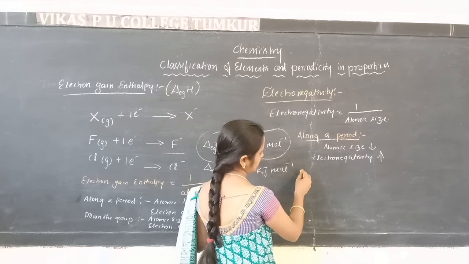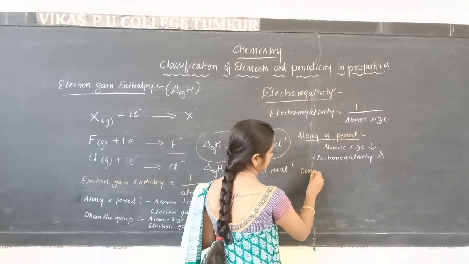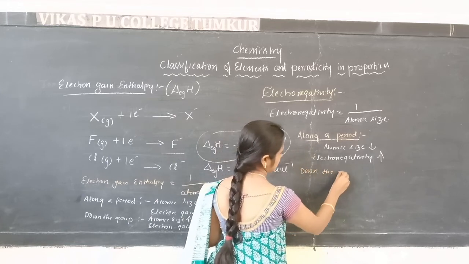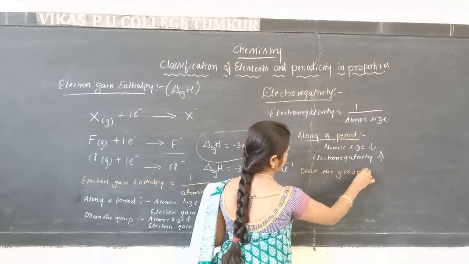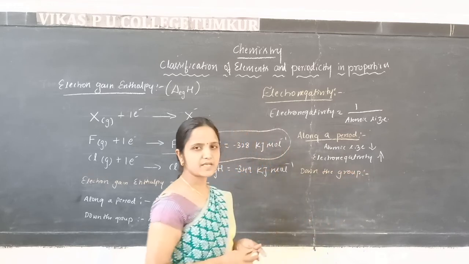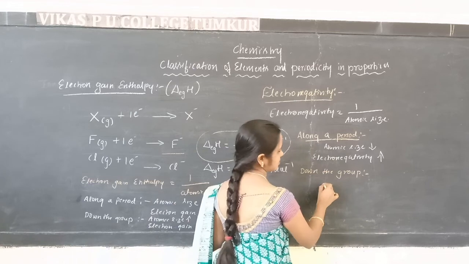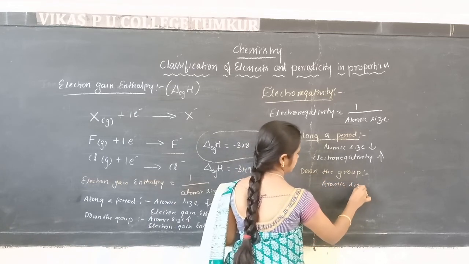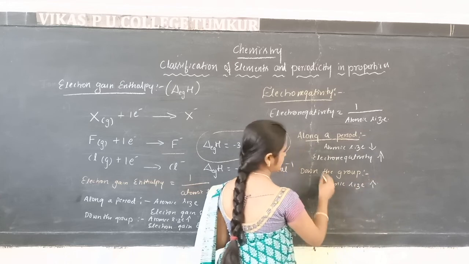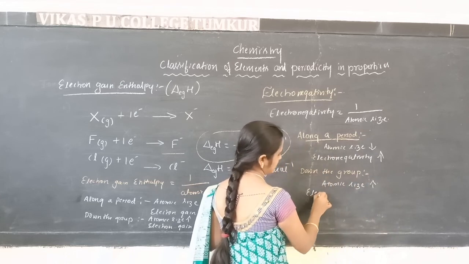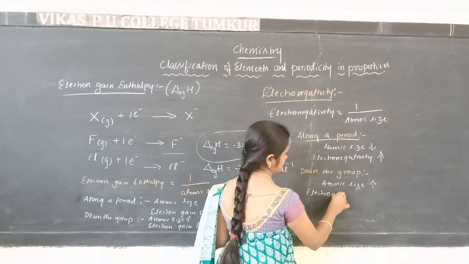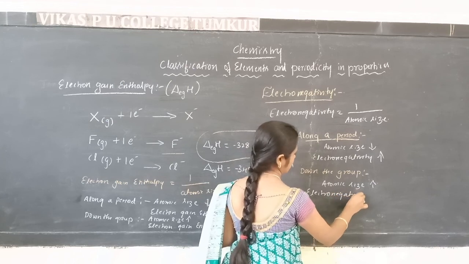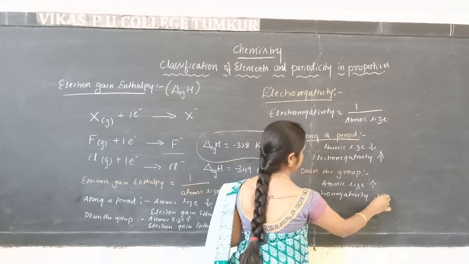Then down the group, the atomic size increases and electronegativity decreases.